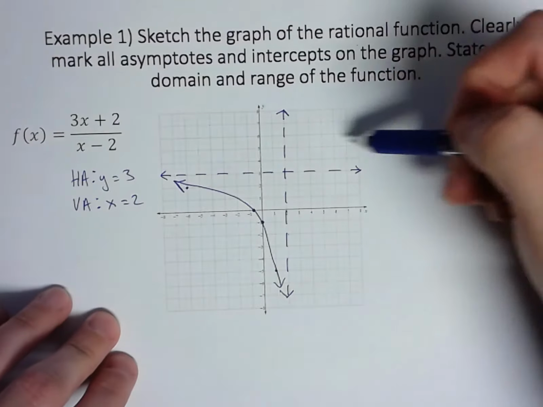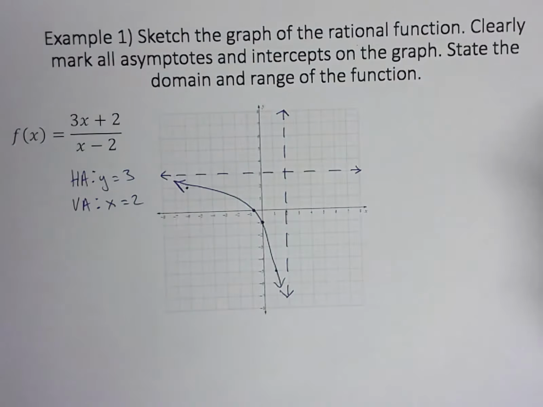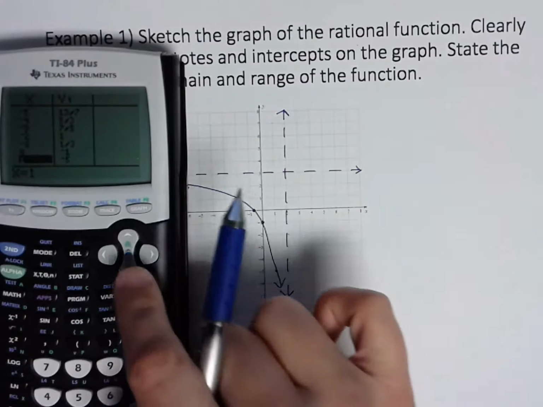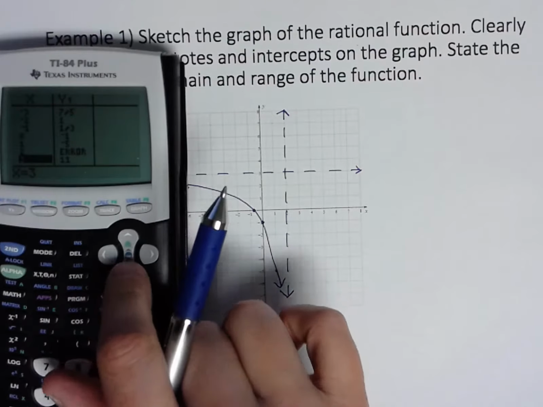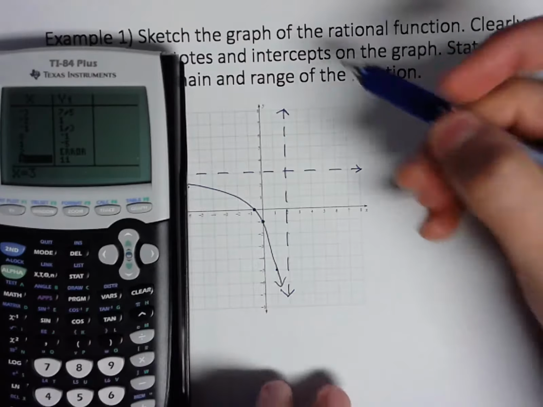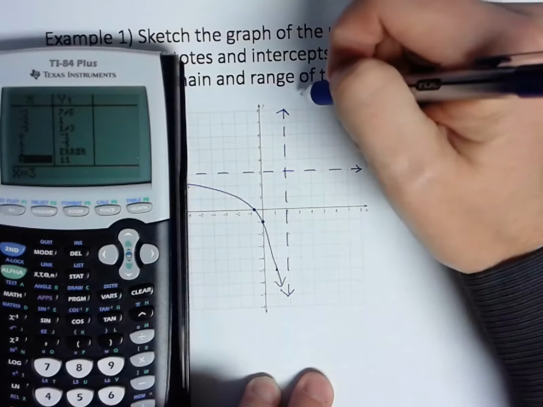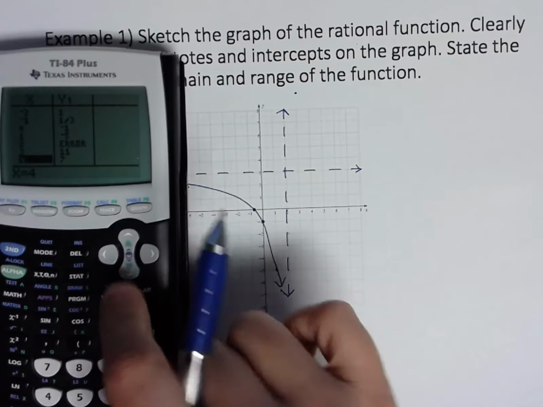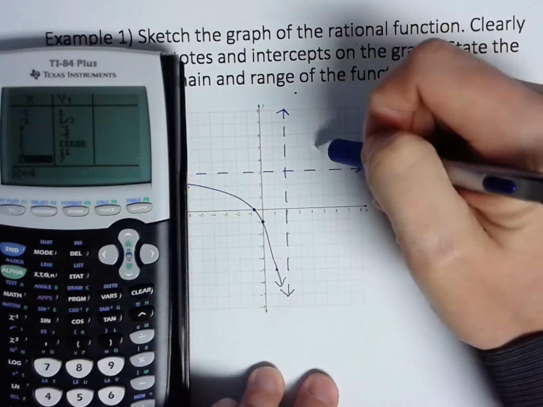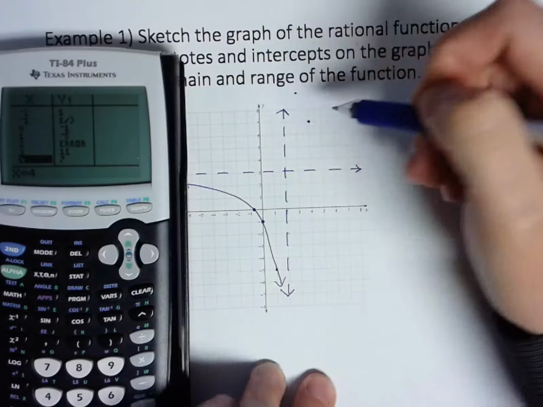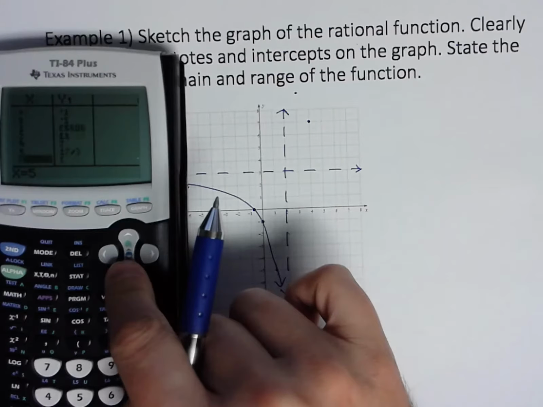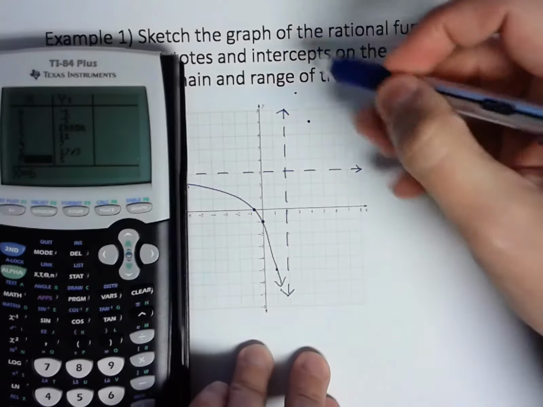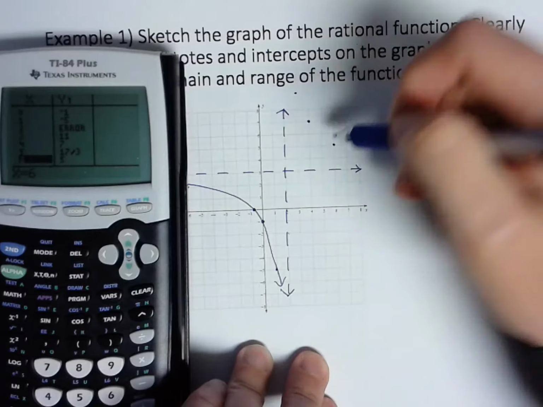Now we've got stuff going on up here as well. So let me go pull just a couple values off. That's all we need. So at x equals 3, my value is 11. So that's actually up here off my grid just a little bit. At 4, it's 7. So let me mark that. At 6, it's 5. I'm just looking for nice integers here.